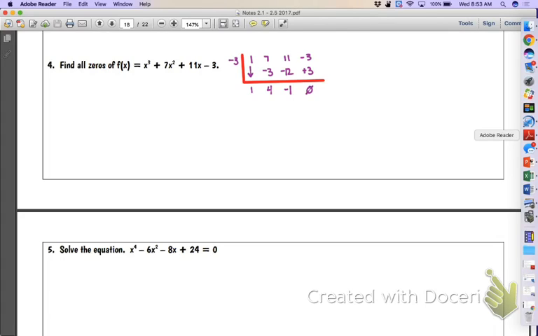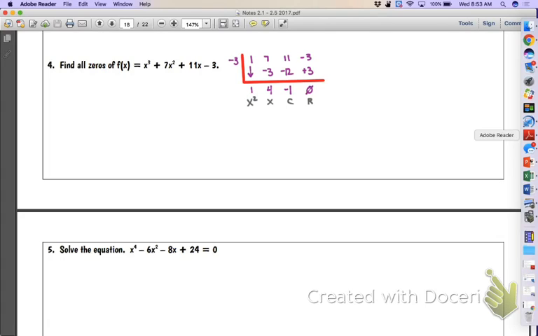What makes this one not so nice and neat and easy is that I can't just keep doing synthetic division. Here's my remainder. Here's my constant. There's x squared.